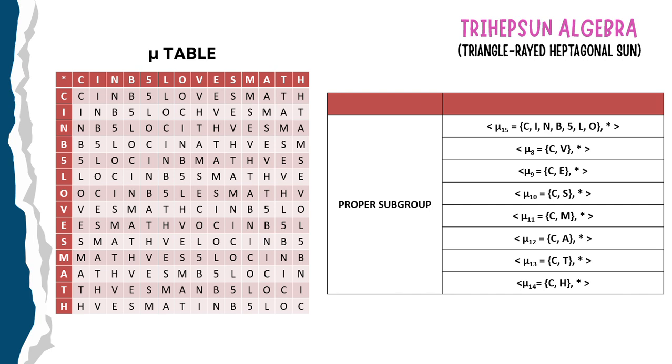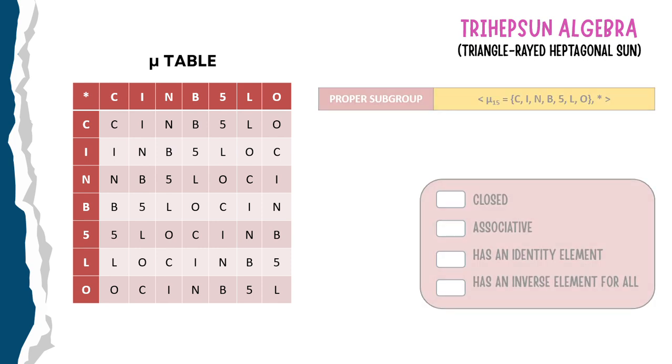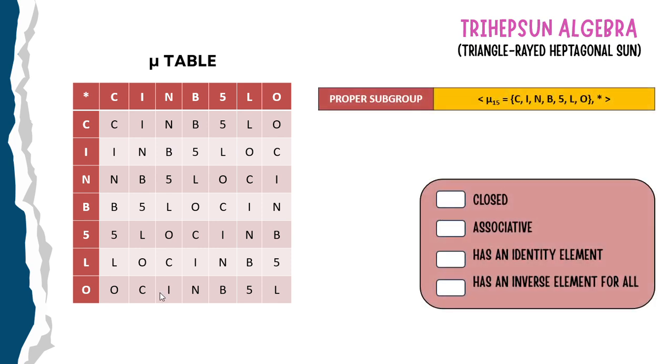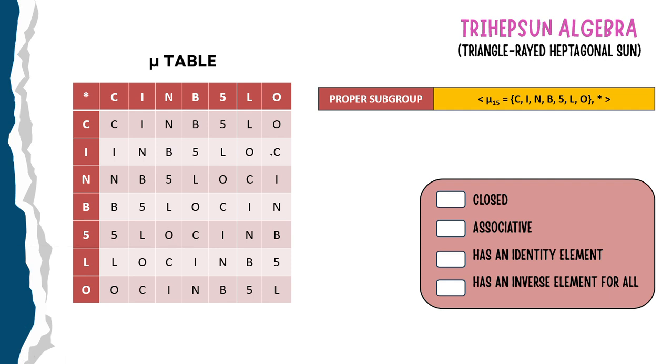Let's now move on to the proper subgroups. For proper subgroup number 1, mu 15 is equal to C, I, N, B, 5, L, O under the binary operation star. Is this subgroup closed? To check, let's focus on the resulting elements.